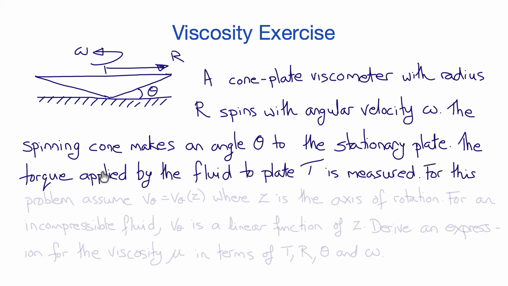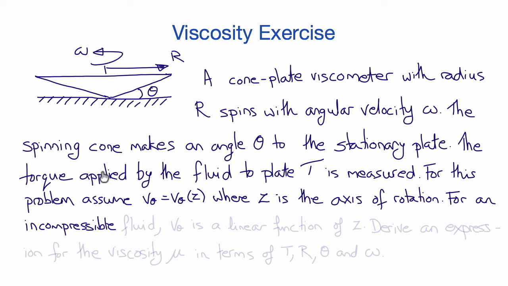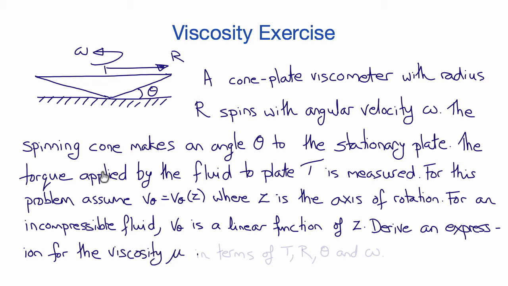For this problem, you can assume that the circumferential component of the velocity, v theta, is only a function of z, where z is the axis of rotation. And for an incompressible fluid, we can show that v theta is a linear function of z. Derive an expression for the viscosity mu in terms of the torque, radius r, angle theta, and angular velocity omega.